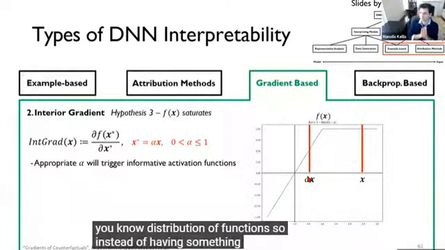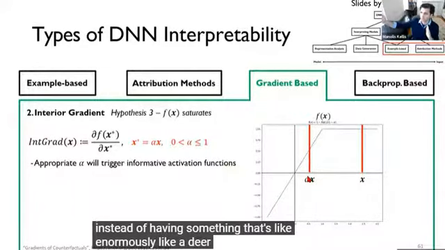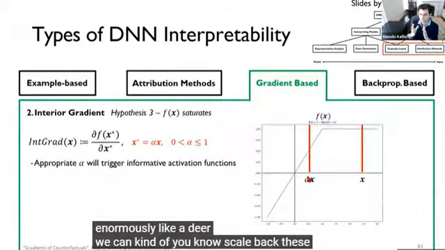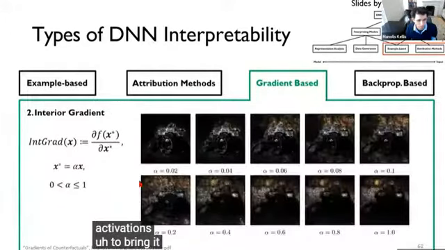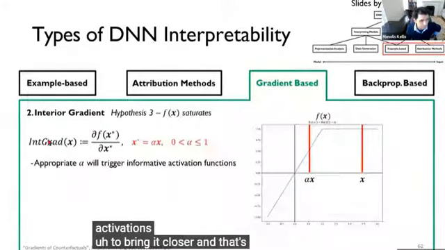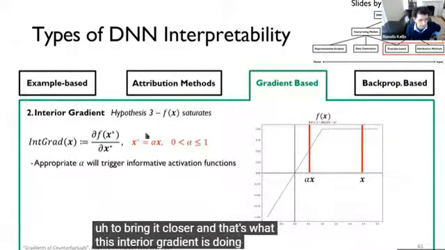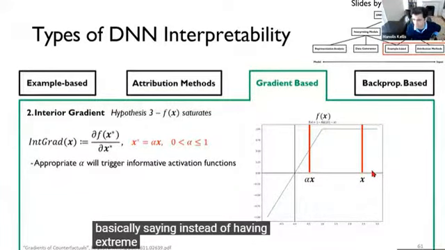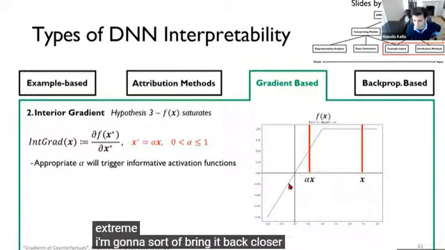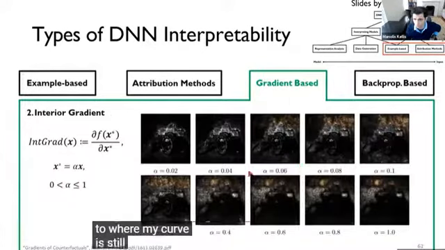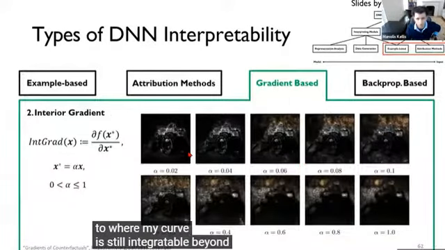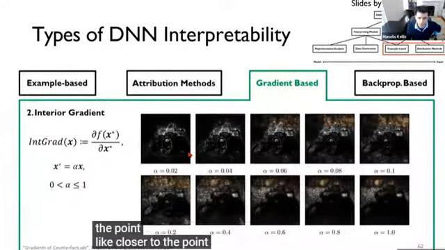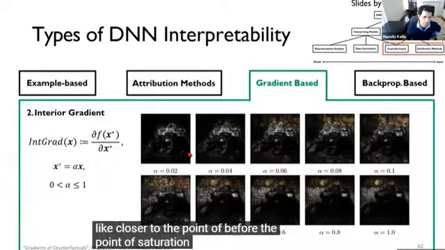So instead of having something that's enormously like a deer, we can scale back these activations to bring it closer. And that's what this interior gradient is doing. It's basically saying instead of having extreme, I'm going to bring it back closer to where my curve is still integratable, closer to the point before the point of saturation.